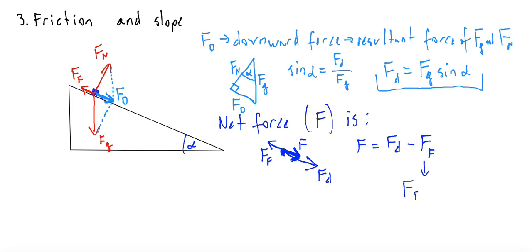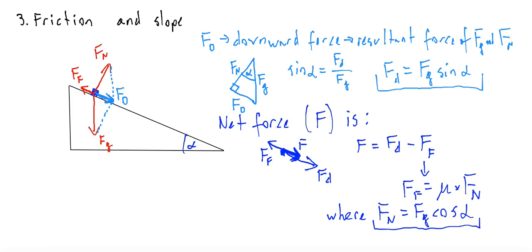Friction is the friction coefficient times, sorry, not times gravitational force, the friction coefficient times the normal reaction force, where the normal reaction force is equal to Fg times, do you remember, cosine of the angle.